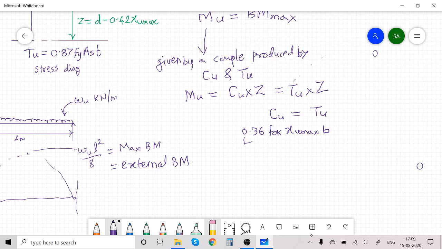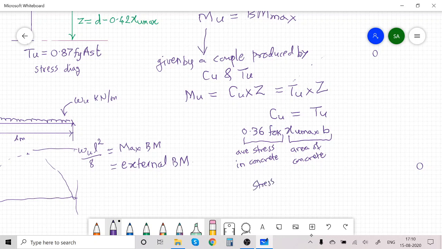Here 0.36 FCK is the average compressive stress in concrete, whereas XU max into B is the area of concrete under compression, that is the area above the neutral axis.